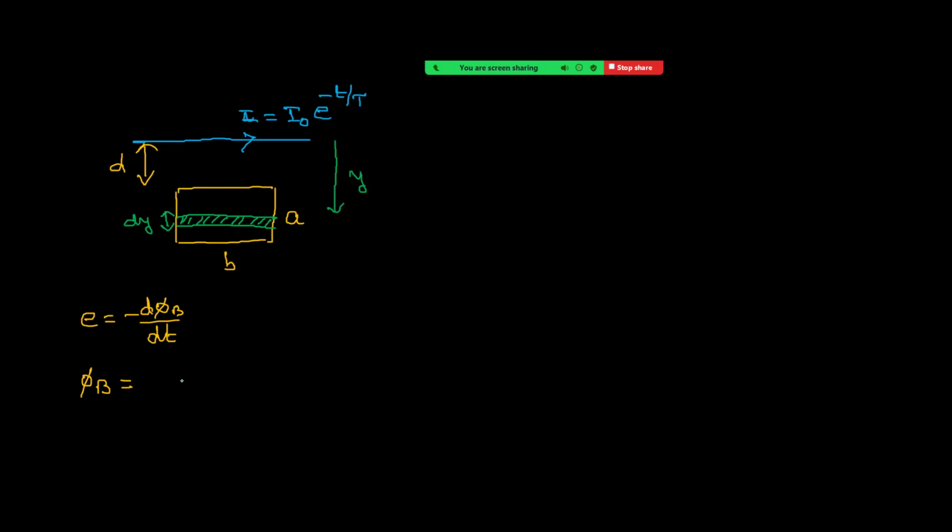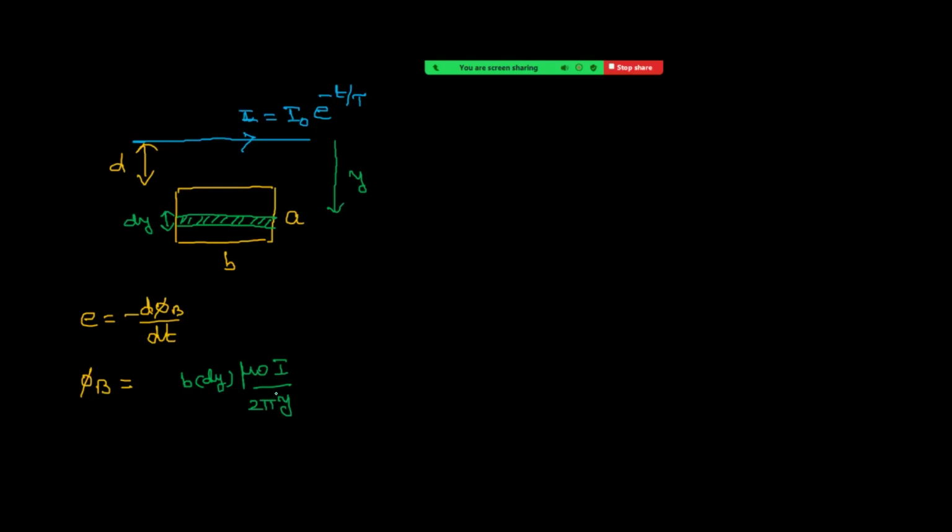Therefore, the flux in that will be given by the area, which is b into dy. See carefully, this is one rectangle: this is b and this is dy. The B value is mu naught I by 2 pi y.